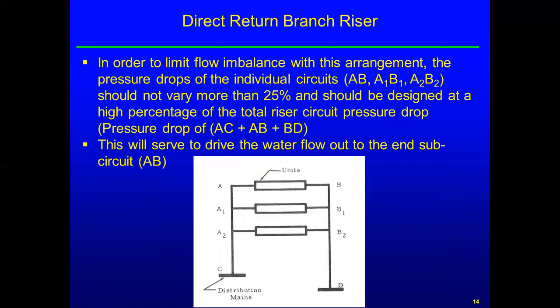And that should be a high percentage of the total riser circuit pressure drop, which would be the pressure drop of AC plus the furthest most circuit AB plus BD on the return riser. This will serve to drive water flow out to the end, that last subcircuit, AB.